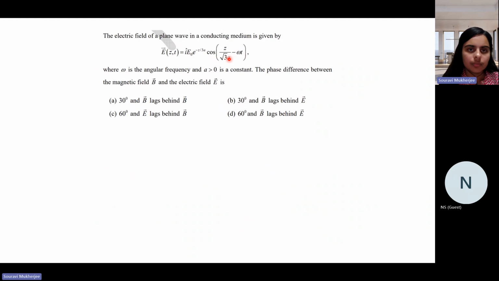So comparing with a generic form of electric field in a conducting medium, what should be the wave vector? Can you tell me what the wave vector should be? It's similar to the first question that we tried to solve.